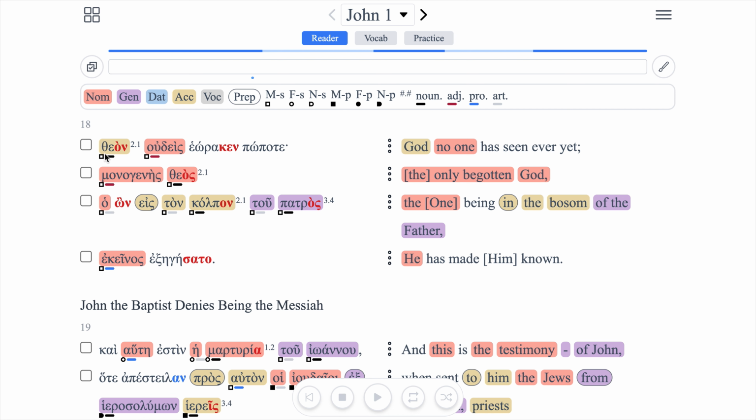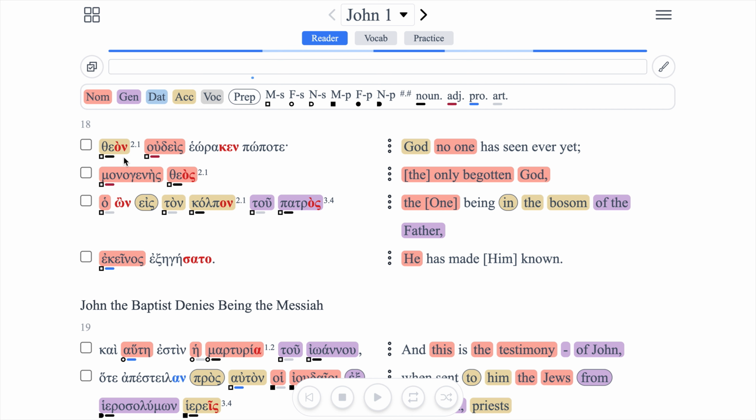God, accusative. So that's the end of the first section of the New Testament, and we've looked at prepositions and read subjects and read predicate nominatives. We've seen the brown accusative a lot. We've also seen a lot of purple genitives, but we haven't seen many of the datives in blue. So let's take a quick look at a few of those through the rest of the chapter to get a sense of how they're used.